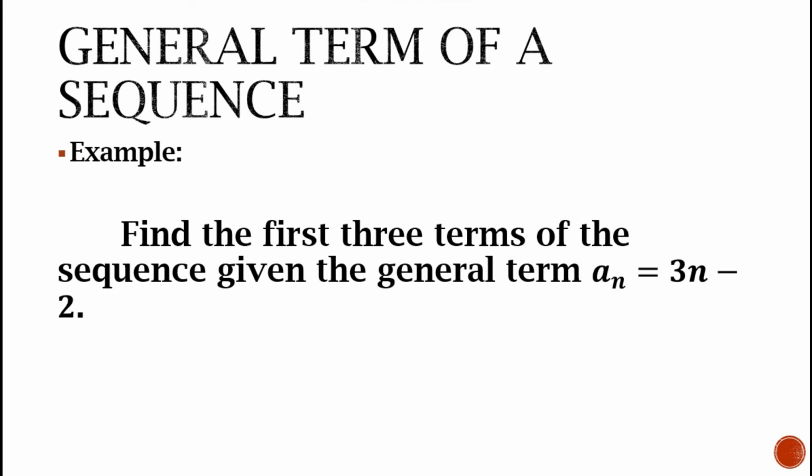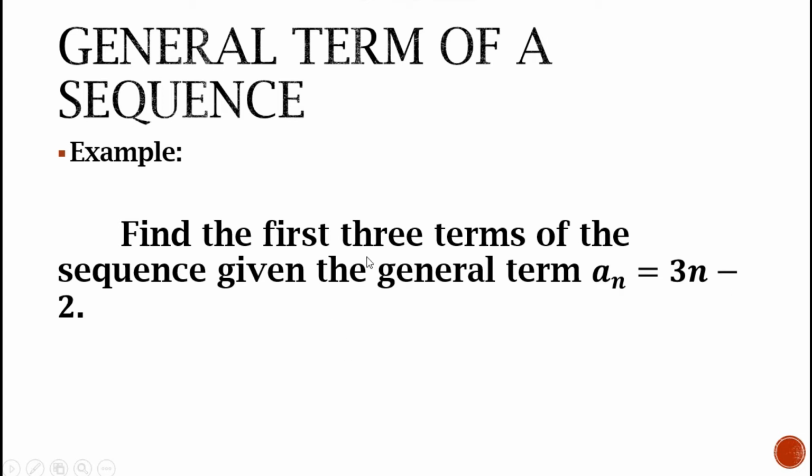Okay. So, now let us proceed with the general term of a sequence. Let's have an example. Find the first three terms of the sequence given the general term a sub n equals 3n minus 2. So ano yung hinahanap?